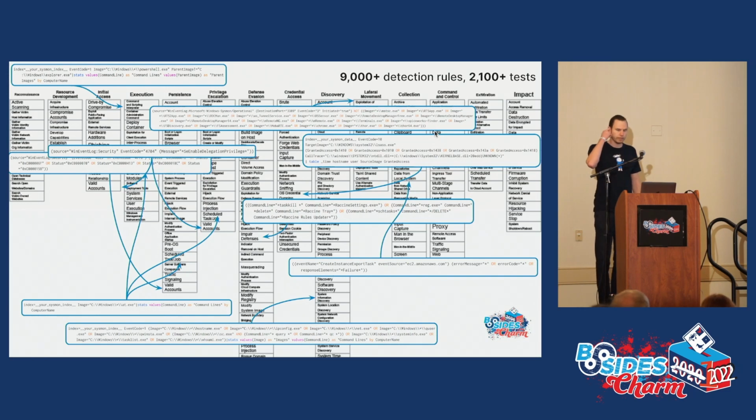Just to give some metrics around the scale of this problem, we took a step back and did a review of all of these publicly available data sets with detection rules and tests that you can run. The ones that I've highlighted are just a small sampling of what's out there, publicly available for everyone. There are over 9,000 specific detection rules that exist. I think the actual number is probably quite higher.